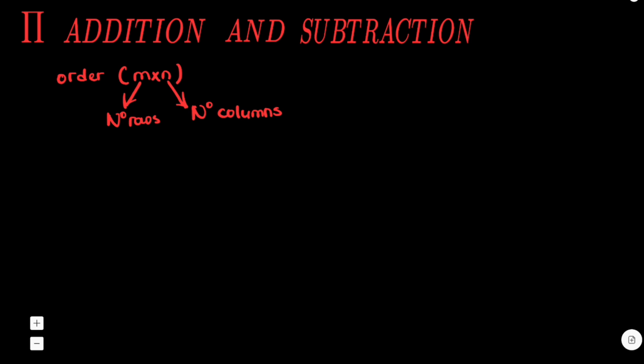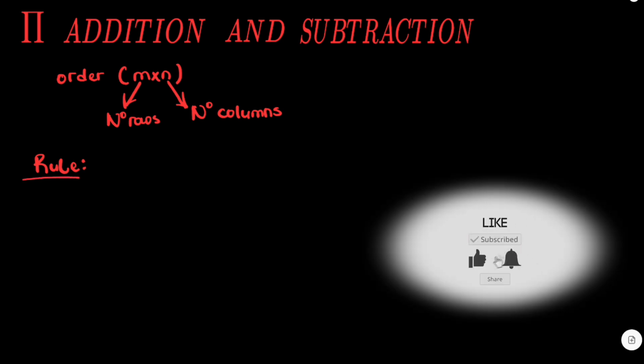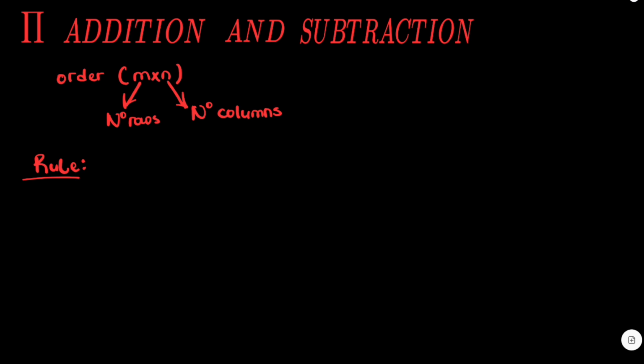So to add and subtract matrices, this is a rule. We should remember this. It's very important. Two matrices can only be added and subtracted if they have the same order. That is where the order comes in.